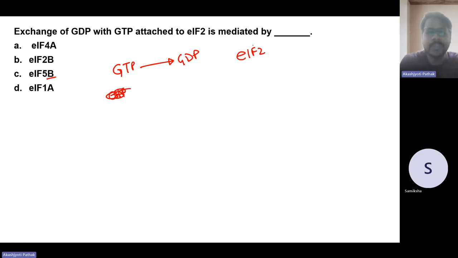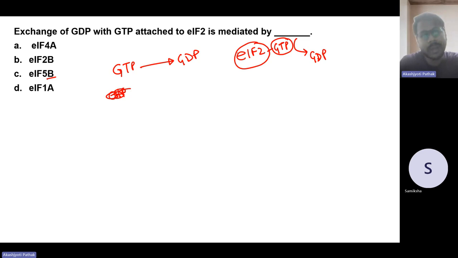Yes, you are correct. EIF2 was bringing the initiator tRNA, and this EIF2 was attached to GTP, right? Now, for association of the 60S subunit, this GTP was getting hydrolyzed so that the 80S initiation complex can be formed. Now this GTP has been hydrolyzed to GDP.